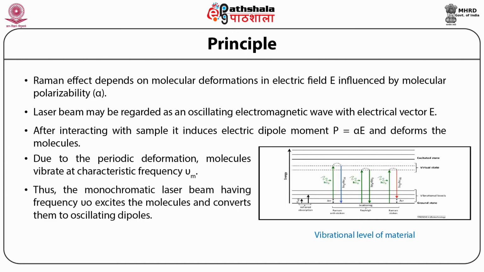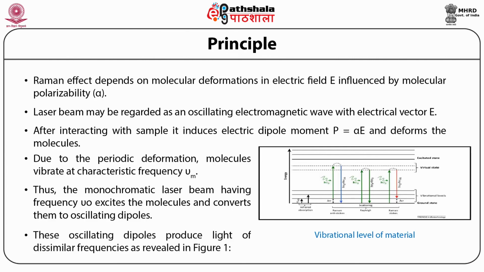Thus, the monochromatic laser beam having frequency nu0 excites the molecules and converts them to oscillating dipoles. These oscillating dipoles produce light of dissimilar frequencies as revealed in Figure 1. Figure 1 shows the vibrational levels of the material.